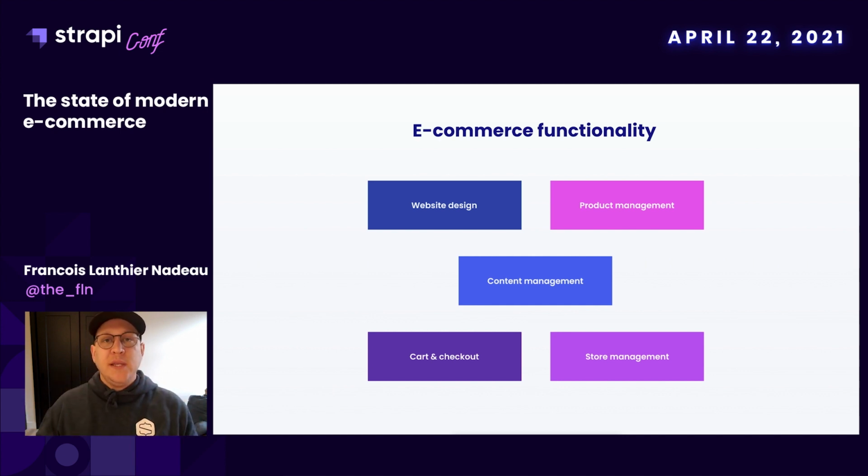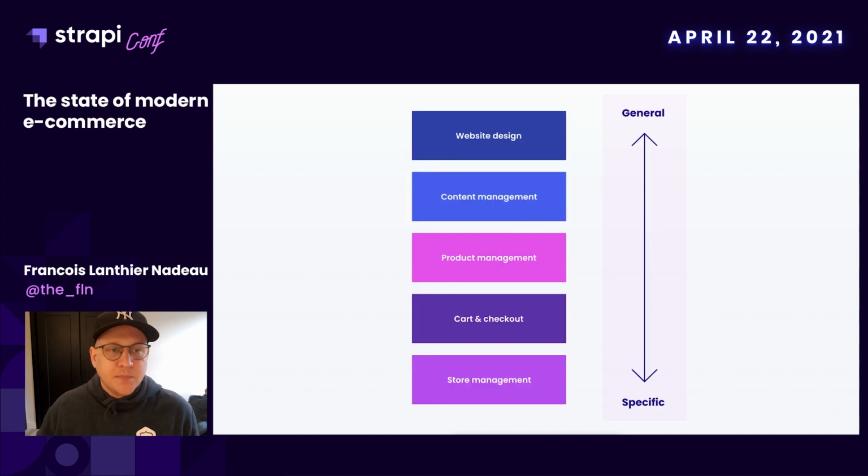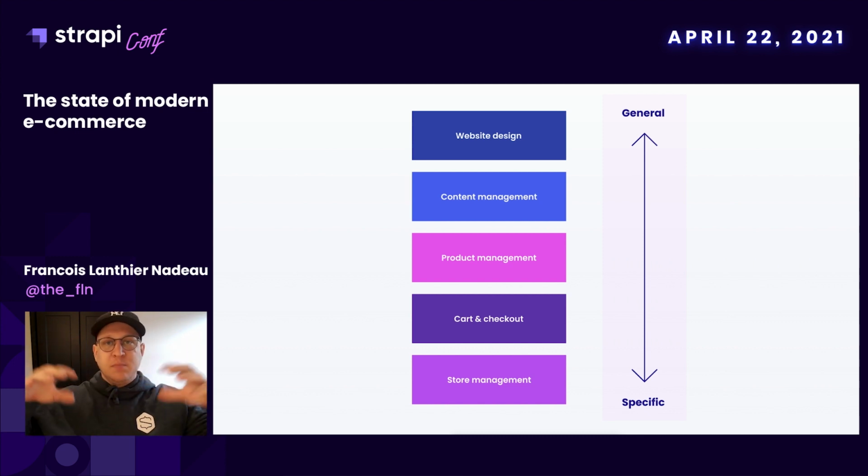There's a whole suite of things to do behind the scenes. If we were to position these functionalities on a general to specific axis, we'd get something like this, where website design is more general, not necessarily e-commerce specific, and store management is very much e-commerce specific.